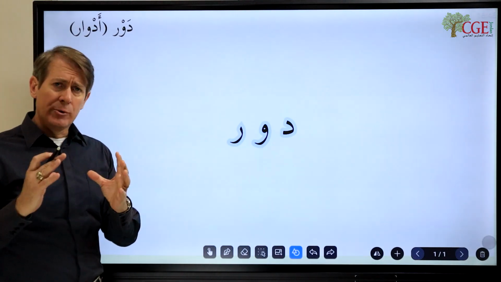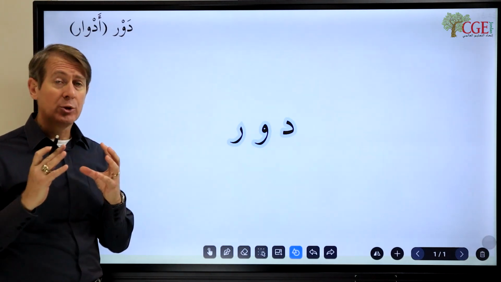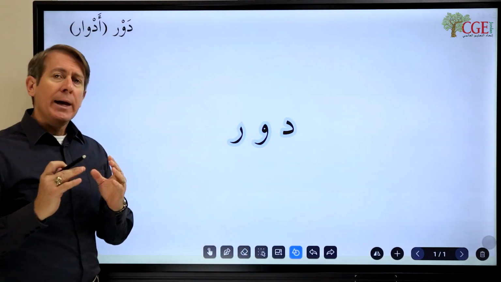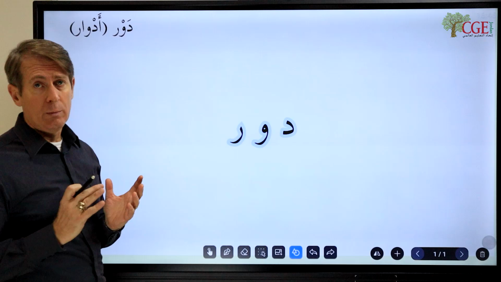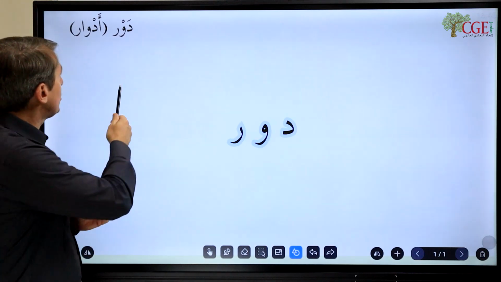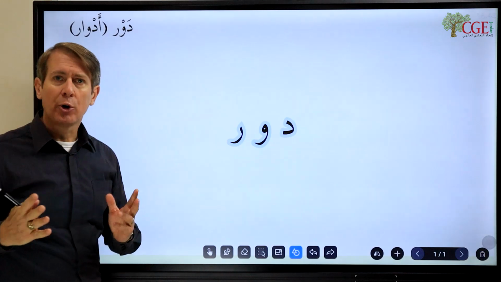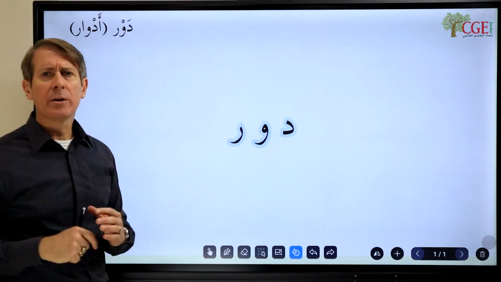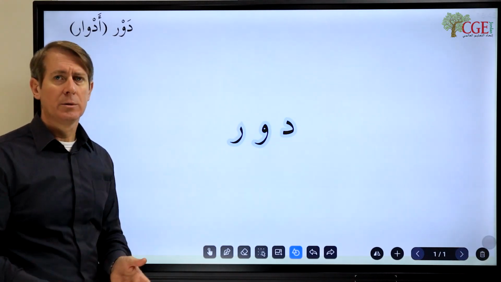Now, round. This is the root essence meaning of dal, waw, ra. And you find it even in the other meanings which are more well known. For example, this would be role, like our turn, your turn. Dorak, you commonly hear that. Dorak ya zalame, it's your turn.